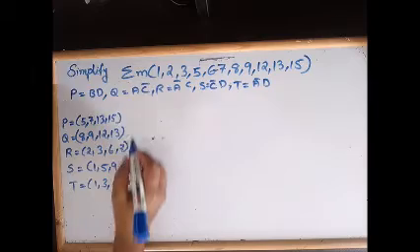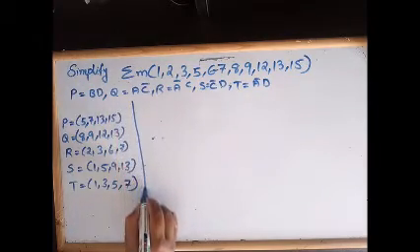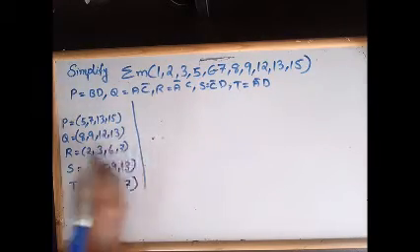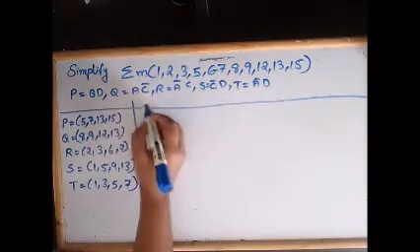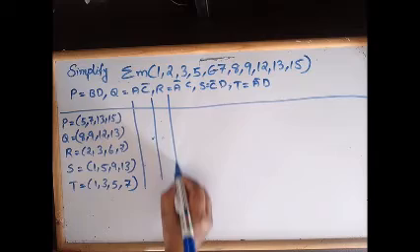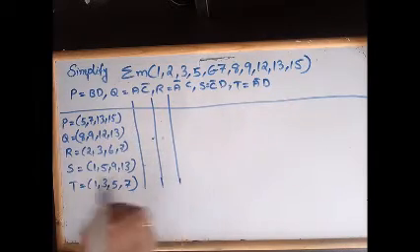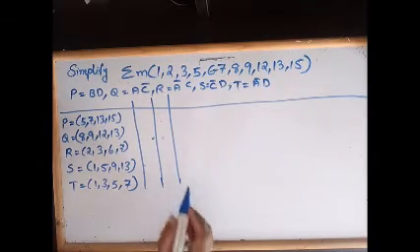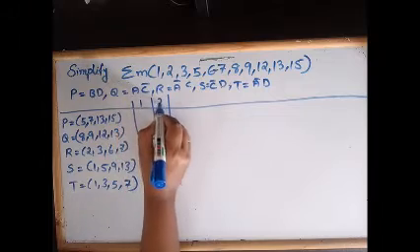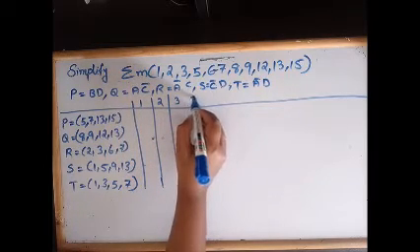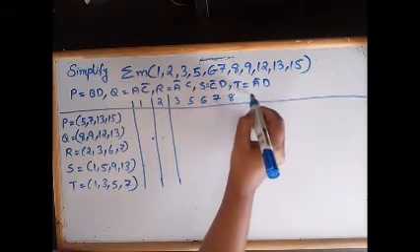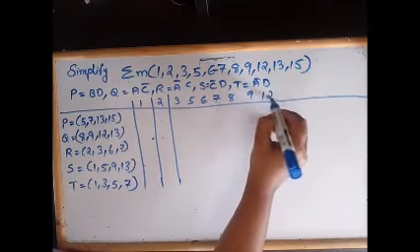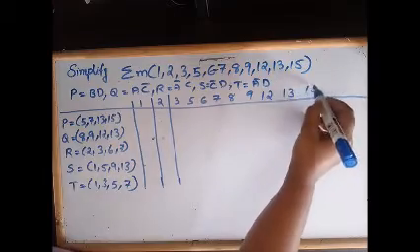So then that will be each row. Then we need to create columns. In the columns we create the min terms. Which are the min terms? The min terms are 1, 2, 3, 5, 6, 7, 8, 9, 12, 13 and 15.